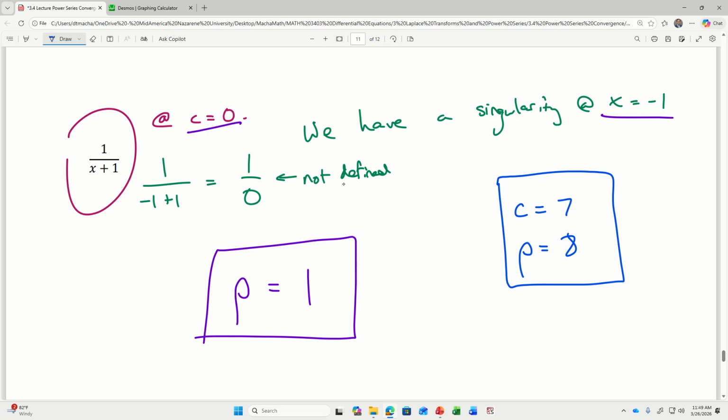So in this scenario, if the center was at 7, that power series would converge for numbers up to like 14.9, you know? But 14.9 would not converge in the case where the center of my power series was at 0. This would only converge for up to like 0.99, right?